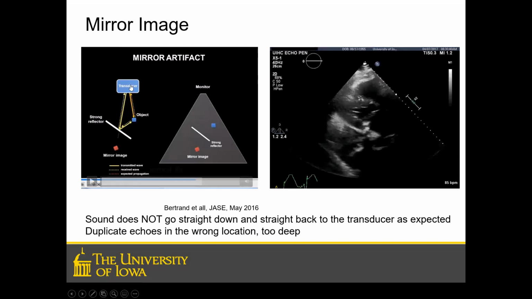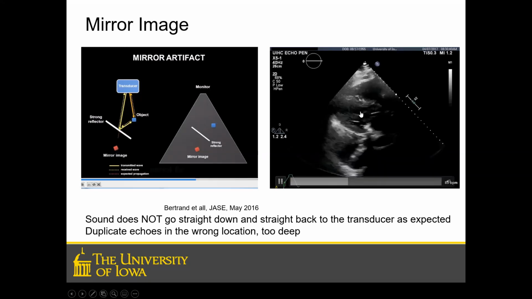Okay, so if you look at this diagram, the primary beam came out, hit the structure, went back. Then this beam came out, hit a strong reflector at an angle, and it went off this direction, hitting this structure again, angled back here and went back. So this is a longer return time. So this real structure is mirrored too deep.